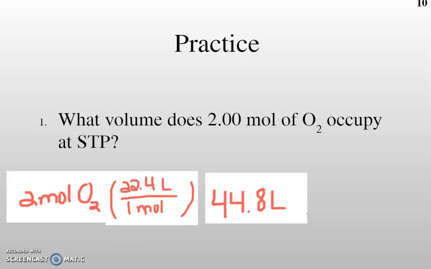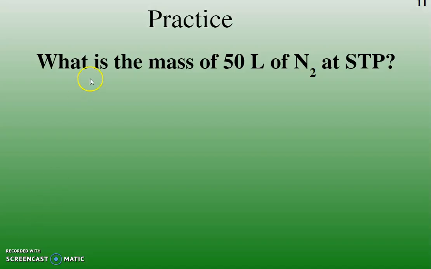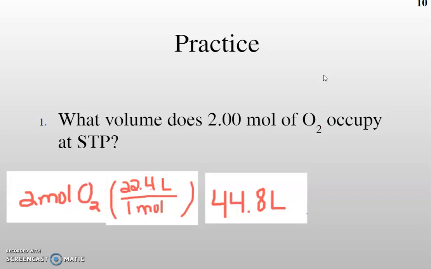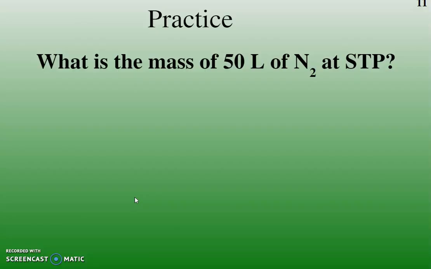That's not very hard, hopefully. Here's a good practice problem. Get your mole map. Start with 50 liters of N2 at standard temperature and pressure, and figure out what the mass is. Here we have N2 again. When you're doing your molar mass, notice that earlier we had 2 moles of oxygen and just needed to go to liters. But here, when you're figuring out your molar mass, don't forget that this is N2.